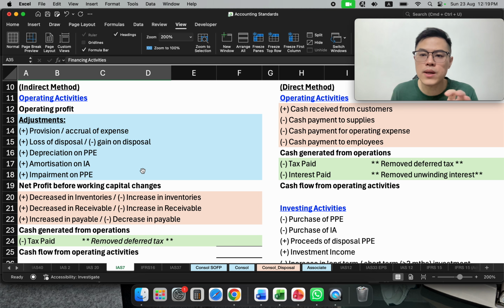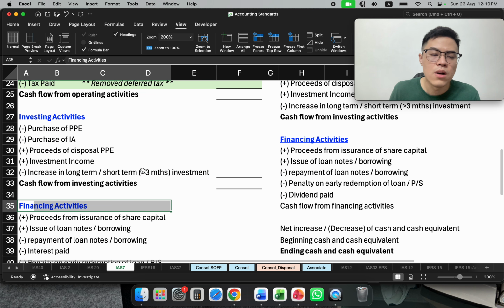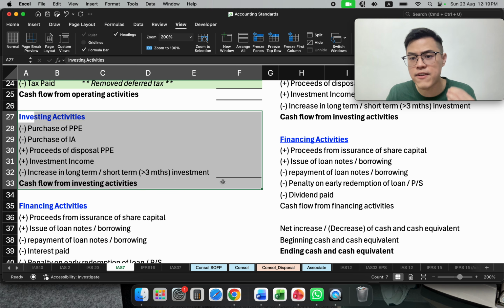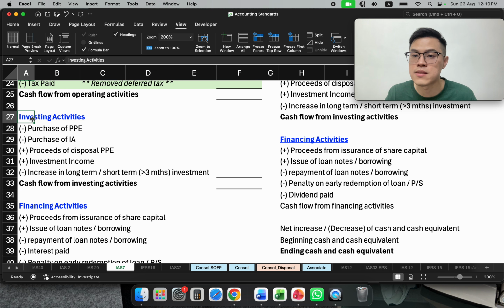Looking at operations itself is insufficient. Therefore, we also want to look at whether we have invested anything, because such investment will bring us future cash flow. Like buying PPE, or investing further in a long-term investment, or any investment of more than 3 months, that will be under investing activities.